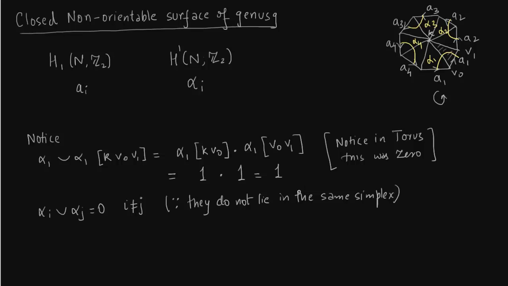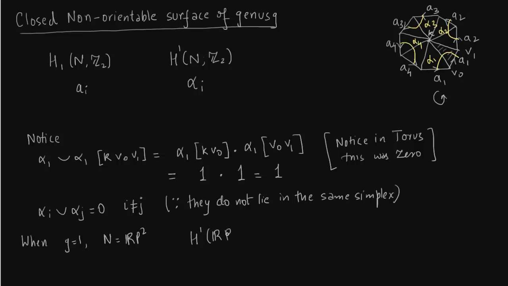Now for genus g equal to 1, what we have is RP2. So let us write down when genus is 1. What is the corresponding cup product map here?